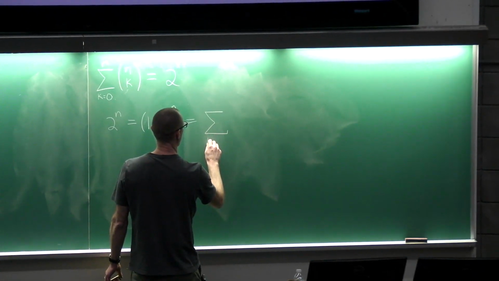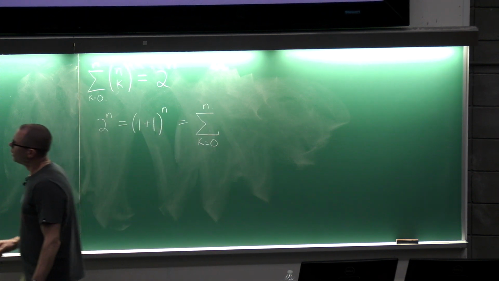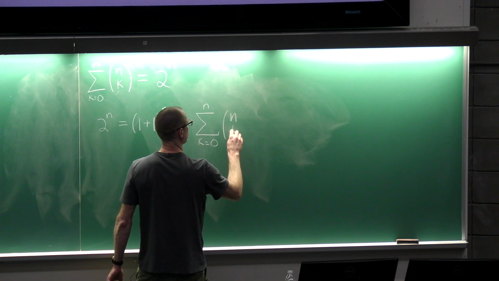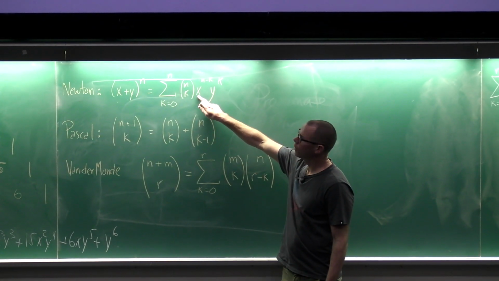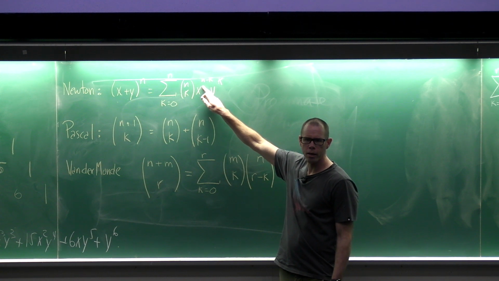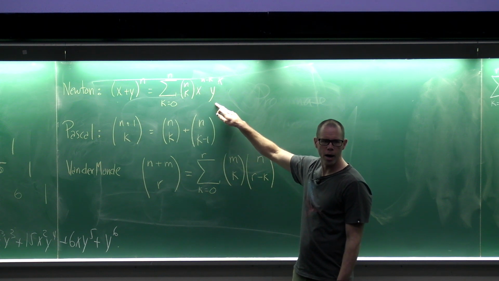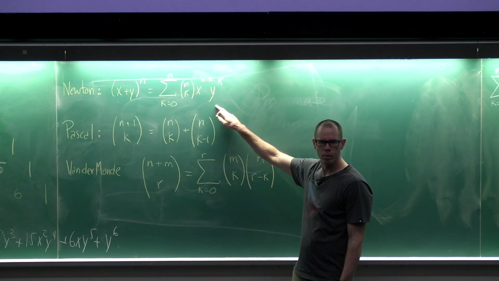It's equal to the sum, k equals 0 to n, of n choose k. And then we have a 1 to the n minus k, but 1 to any power is just 1, right? And we have a y to the k, but y is 1 too, so 1 to any power is just 1.